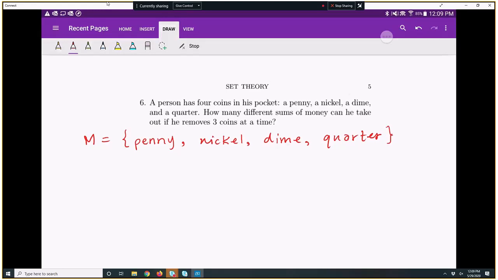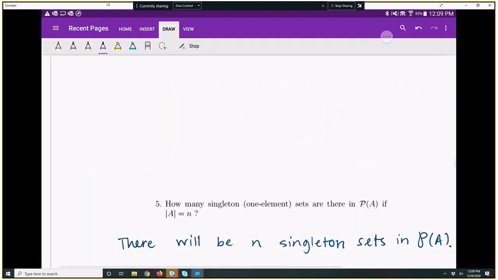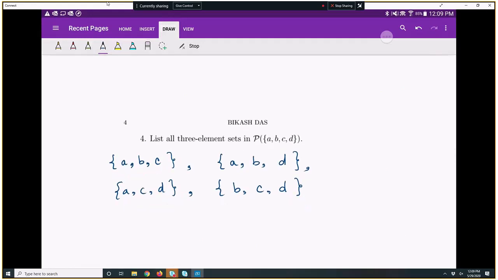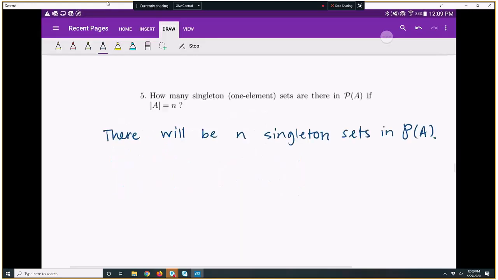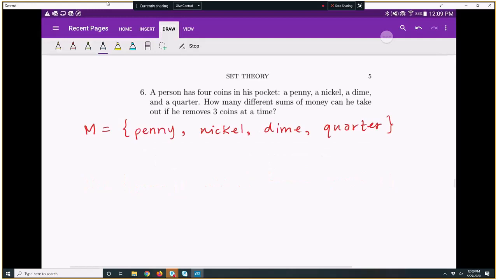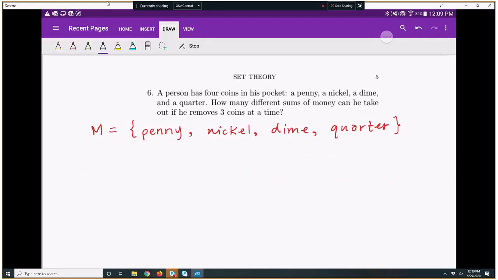And the question is asked, how many different sums of money could he take out if he just pulled out 3 coins somewhat randomly? That's the same question as finding the 3 element subsets of the set ABCD. Instead of ABCD, if I had written penny, nickel, dime, quarter, then this would be exactly the scenario that we're talking about. So let's write those down.